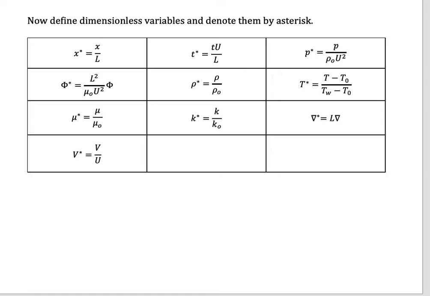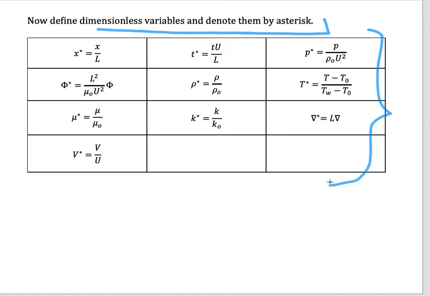Normally we need to define the dimensionless variable like this. This is fixed actually. It is good for you to remember this one, or at least keep these notes for your future use. The idea of dimensionless is we try to divide all the current parameters that we have by the reference value.